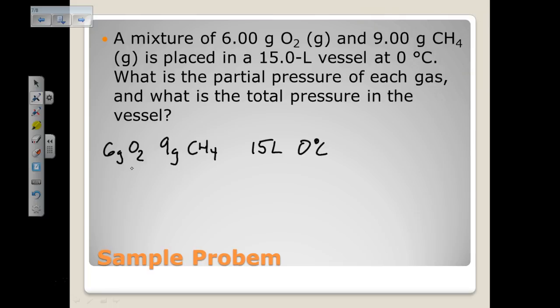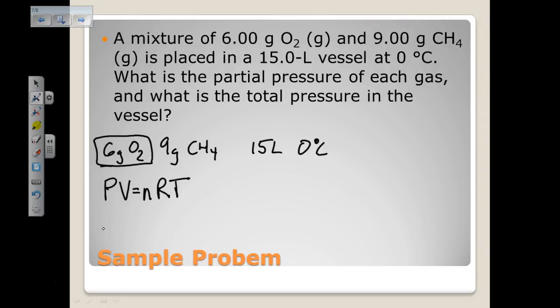Well, the partial pressure of oxygen is PV equals nRT, but instead of the total number of moles, we're just going to use the number of moles of oxygen. So we have to do some math even before we begin.